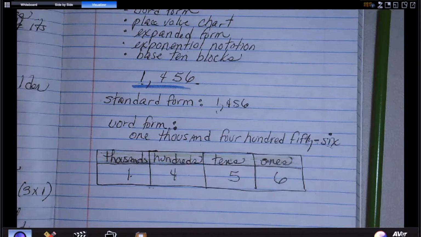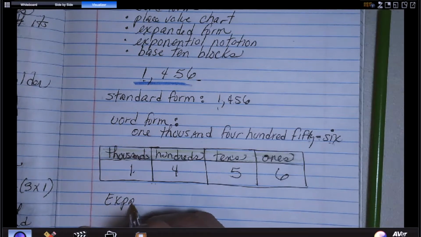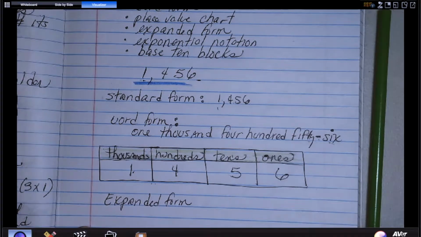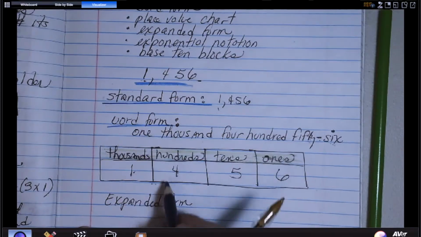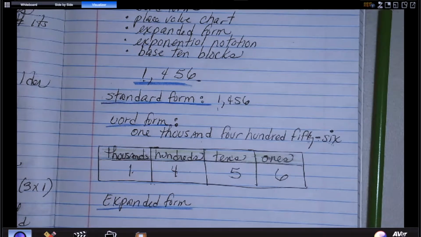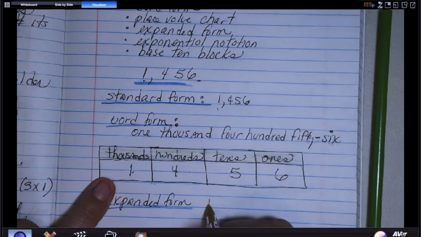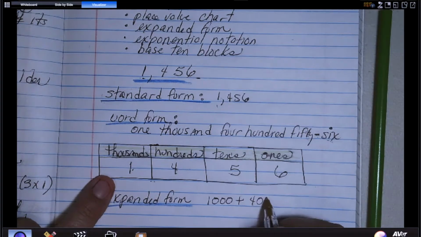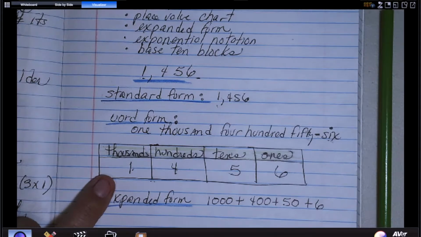Let's look at expanded form. Now, in expanded form, we should use our place value chart. Okay, so it's 1,000 plus 400 plus 50 plus 6.